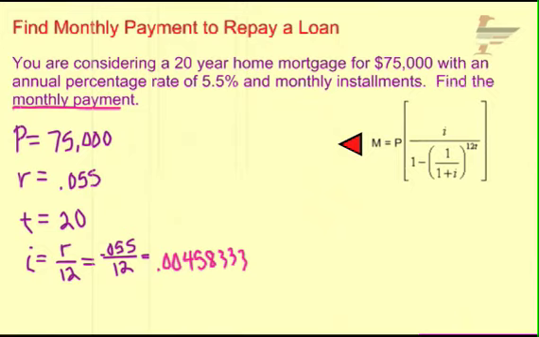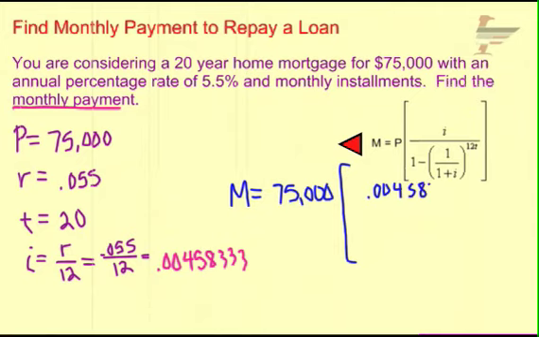We have our monthly payment is equal to 75,000 times our I value, which is that 0.00458 and all the threes, divided by 1 minus 1 divided by 1 plus that number.